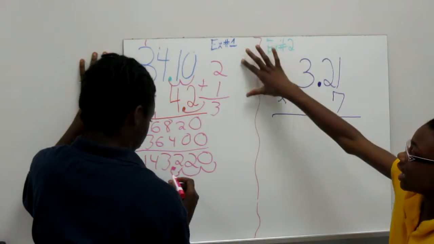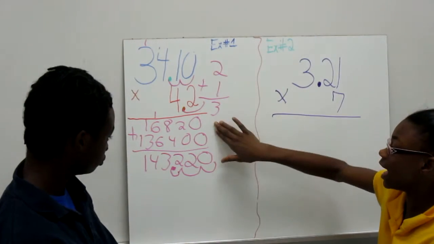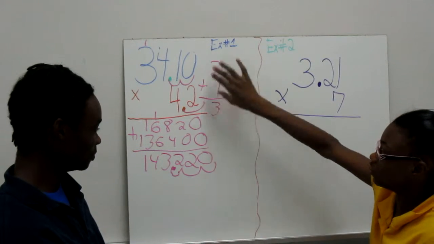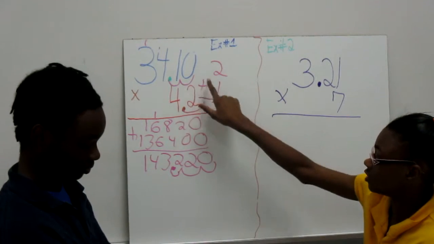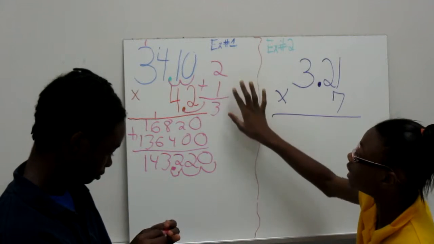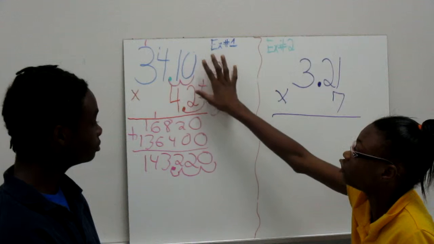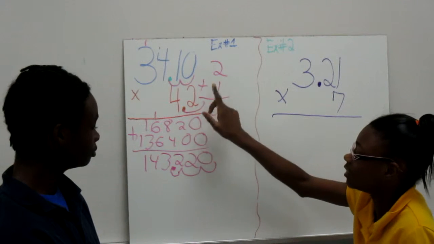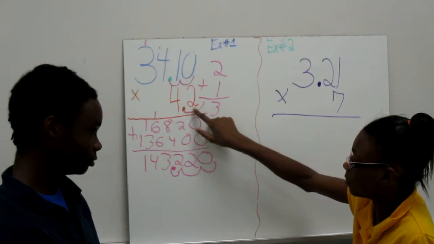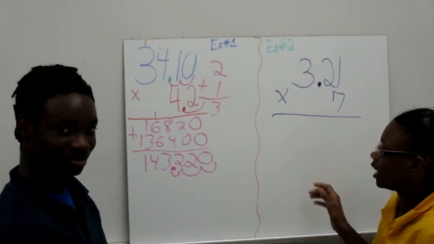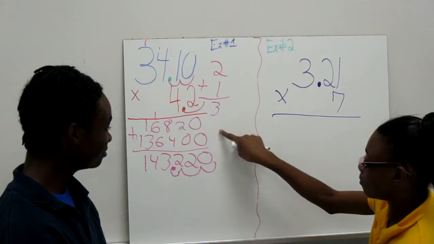So that is one way you could do it. That is kind of a simple way, and there are many ways you can find your digits. You can do like he did, which was he looked at the two numbers behind the decimal, and they were 2. Then he looked at the other decimal number behind the decimal, and he saw that it was 1. Then he added those together and he made 3.